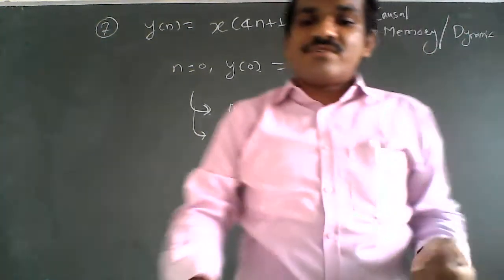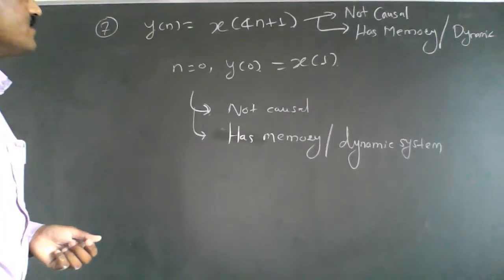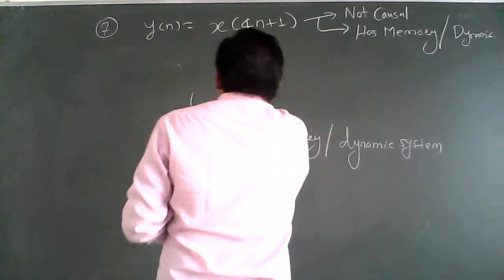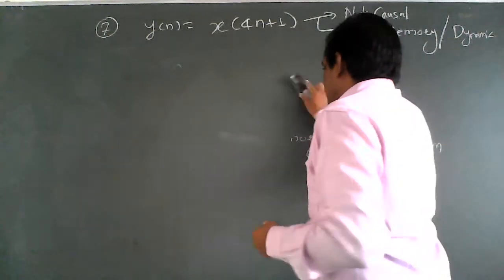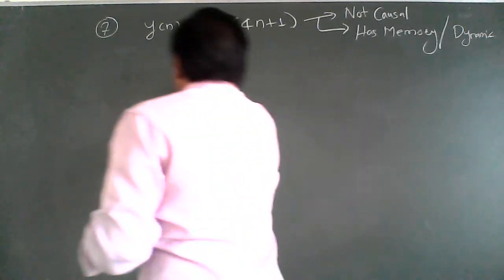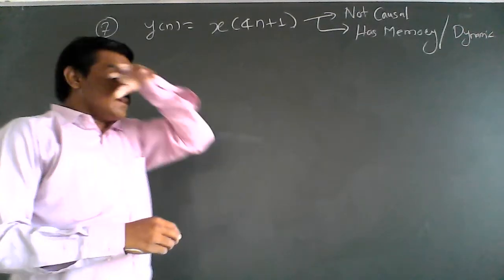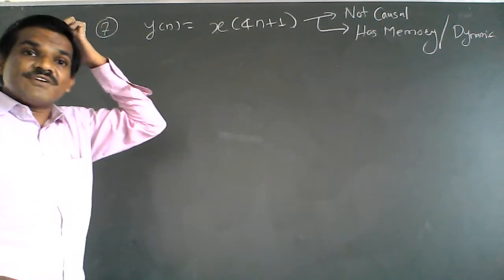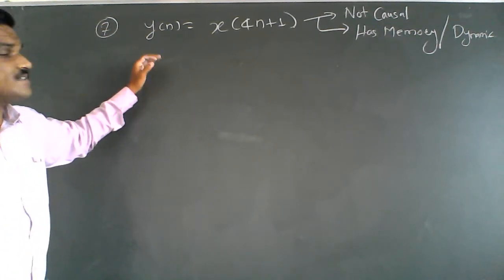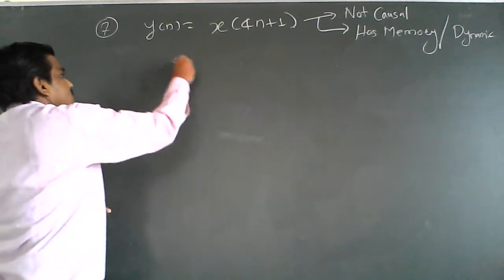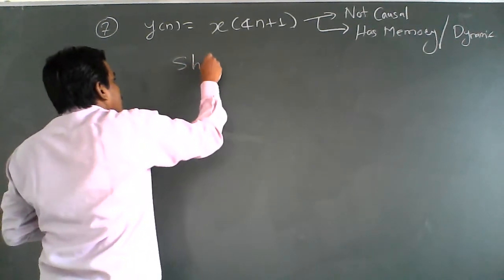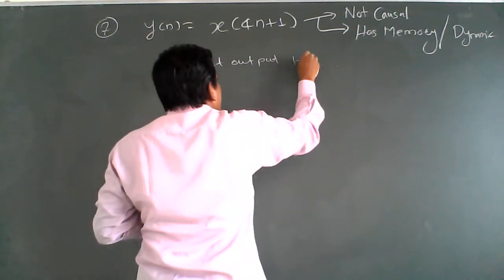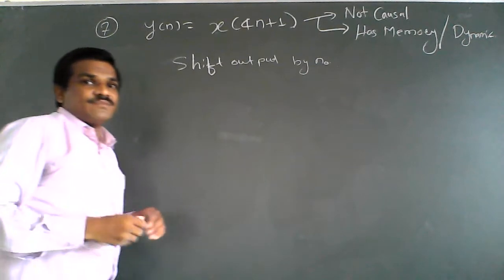Let's go for the third property, which is the shift invariance or variance property. To solve this for time variance or invariance, let us shift the output by n0.